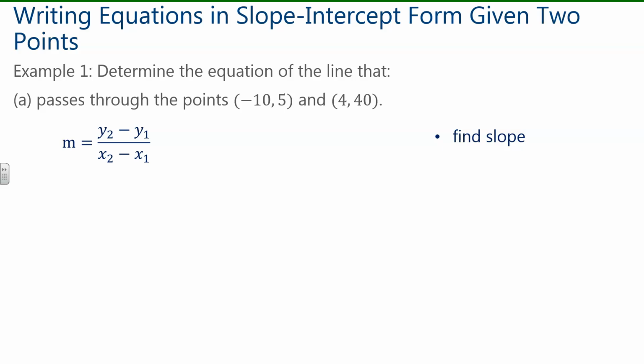So if we label the first set of points x1, y1 and the second set of points x2, y2, we would have 40 minus 5 over 4 minus negative 10. And when we simplify that, we get 35 over 14. Now we can simplify this even further by dividing by 7 to give us 5 over 2.